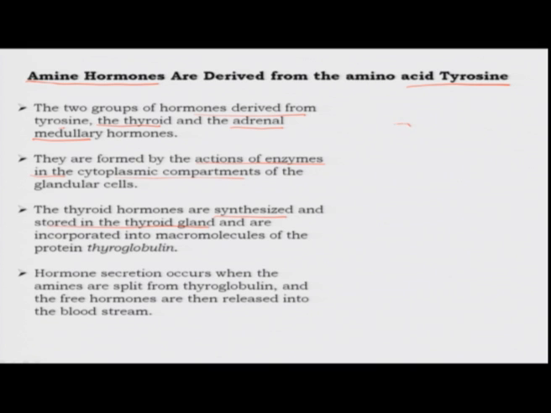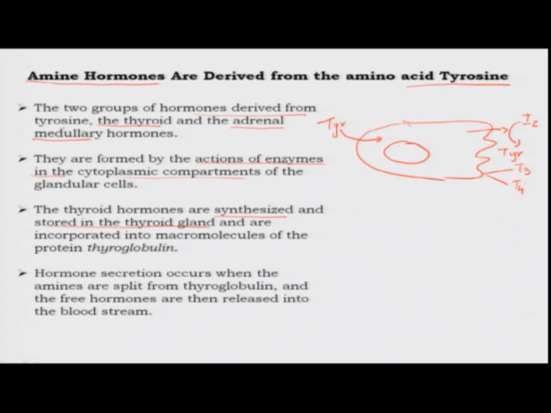If this is a typical cell in the thyroid gland, it takes up tyrosine and transports it inside, and then on the other surface, facing the lumen of the gland, there is addition of iodines to this tyrosine.